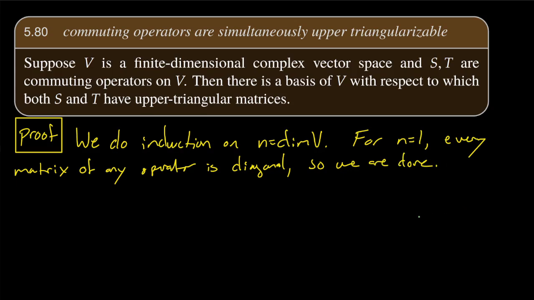Since diagonal matrices are certainly upper triangular, there's nothing except a diagonal element. There are no non-diagonal entries in any matrix over a vector space of dimension 1. Okay, cool. Inductive step.